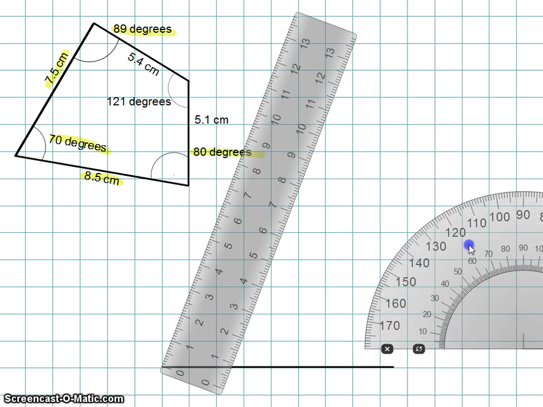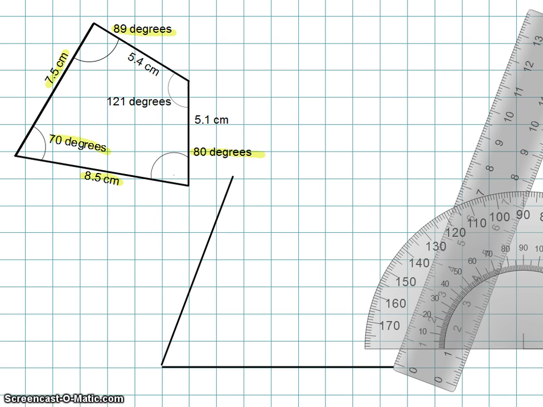And I can take my protractor away, and as I create the 70-degree angle, I'm also going to stop my line at 7.5 centimeters so that when I take the ruler away, I now have an angle which is 70 degrees and also a line that corresponds with that side there. Okay.